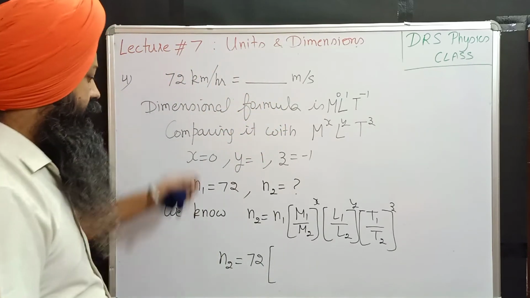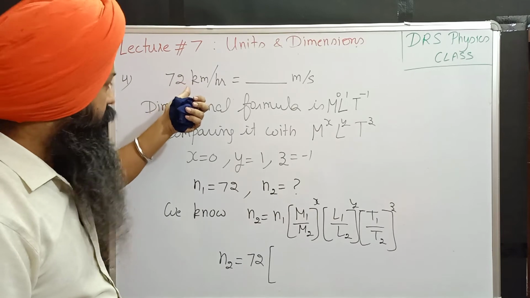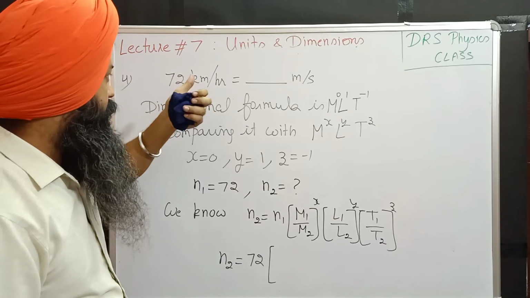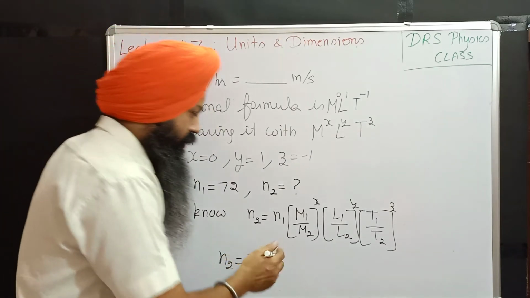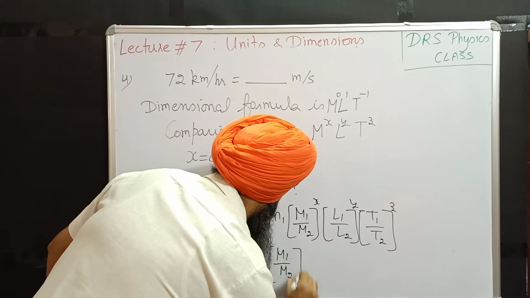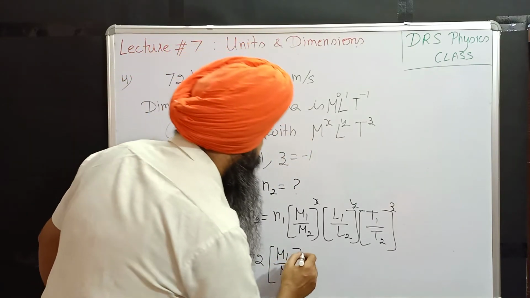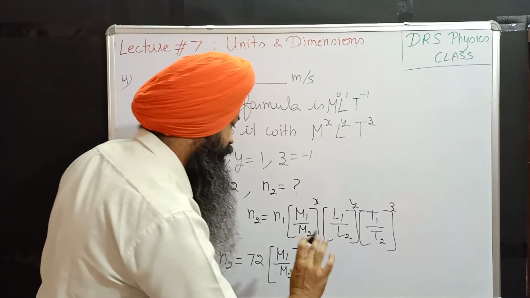m1 in the first unit, mass may be in a kilogram or gram. We are not aware of this. It is better if you don't write it. So we can go without writing this because we know the power is 0 here and answer would be coming as 1.